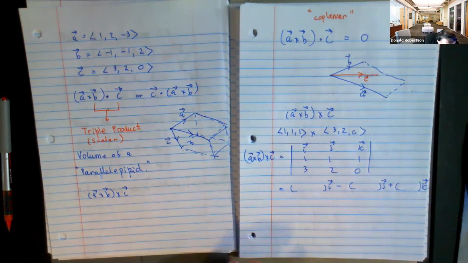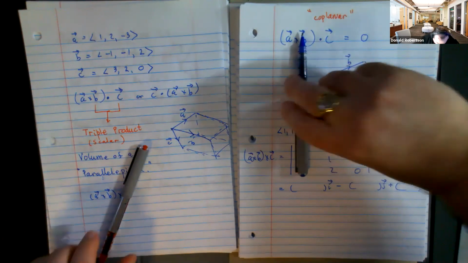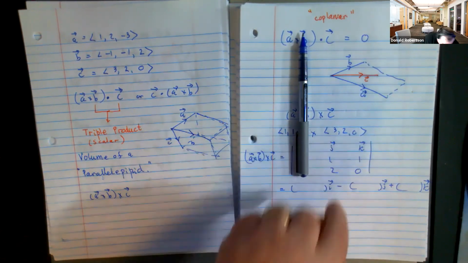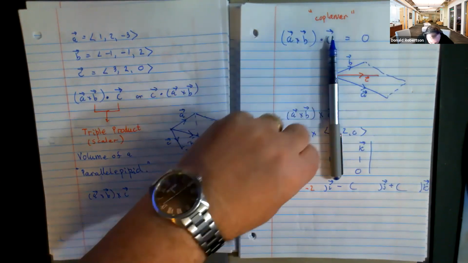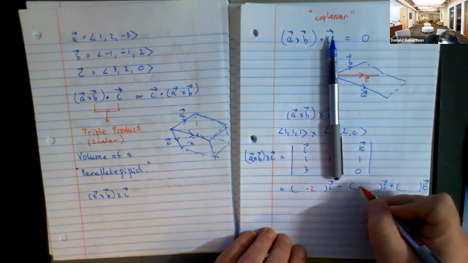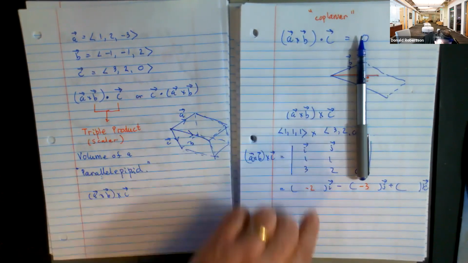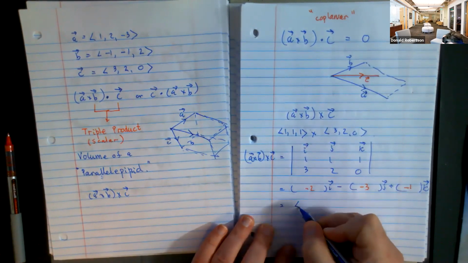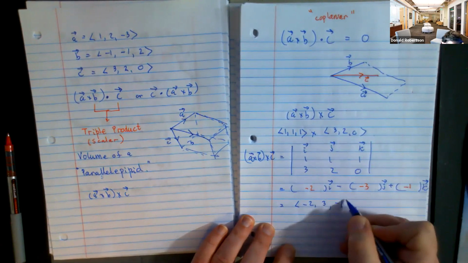Right, let's see what we get. All my usual covering up things going on here. 0, I should say, take away 2 is -2. 0 take away 3 is -3. And 2 take away 3 is -1.